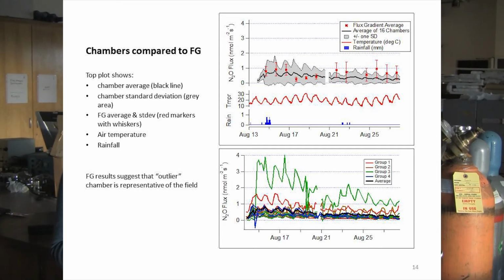So this is really interesting because the flux gradient results imply that the outlier chamber is representative of the greater field. That outlier chamber brought the average up, and the flux gradient field-integrated measurements are showing that that is more characteristic of the field scale. What we're trying to measure is the total N2O, how big of a source of N2O the field is.